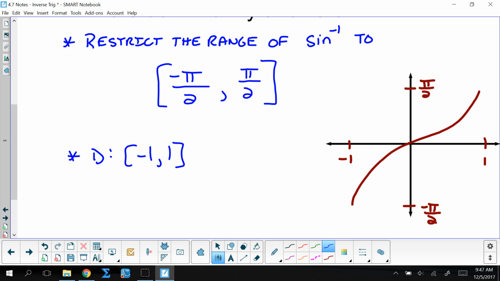Where am I on the unit circle? Where is negative pi over 2 to positive pi over 2 on the unit circle?